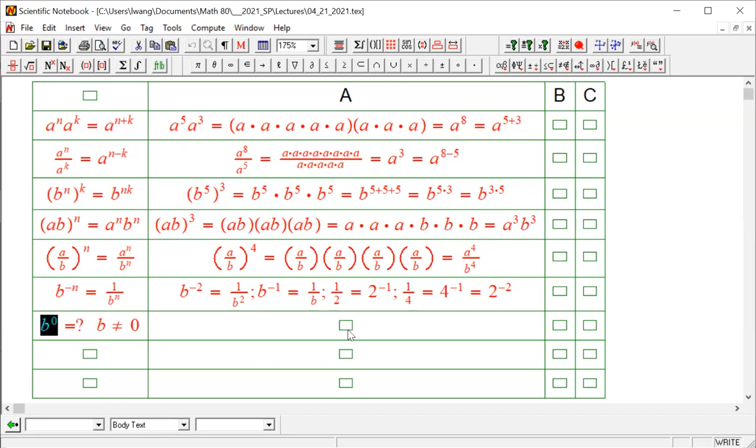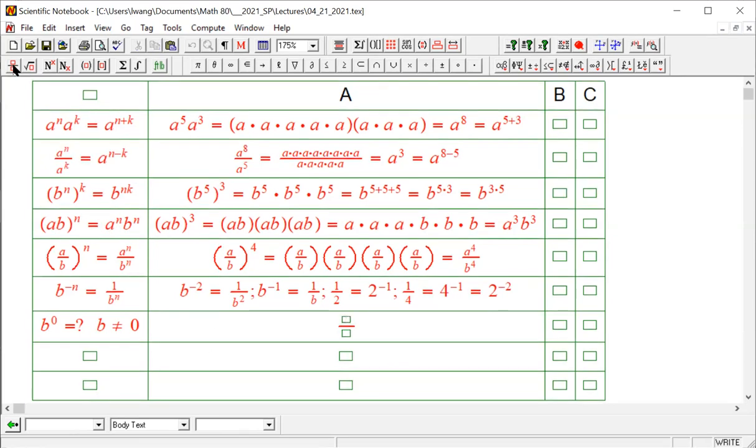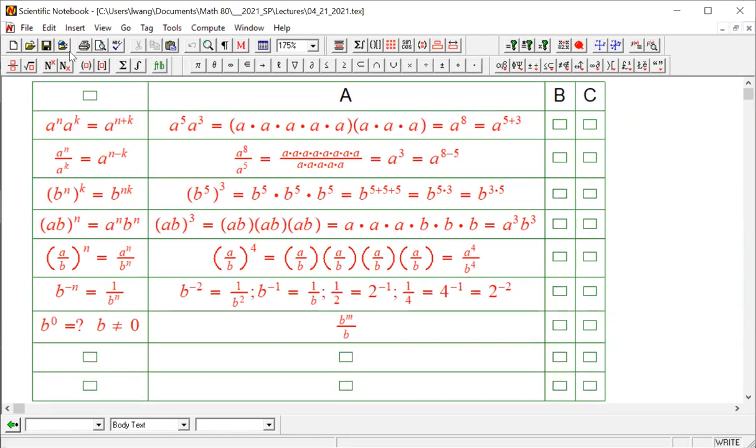Here's the reason, here's the consideration. If we look at the situation to get b to the power 0, we understand that b raised to the power of m divided by b raised to the power of n is equal to b raised to the power of m minus n.